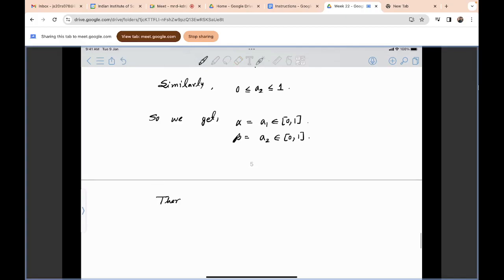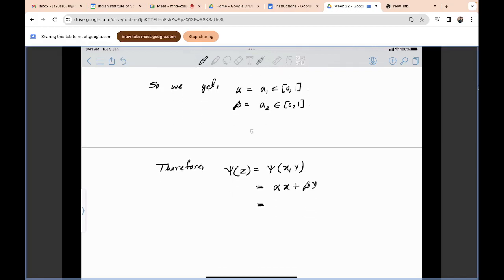Therefore, what is then psi? So this is the linear function. This we have set: psi of z, means psi of (x, y), to be alpha x plus beta y. Alpha we get A1 x, beta we get A2 y, where A1, A2 belong to 0 1.